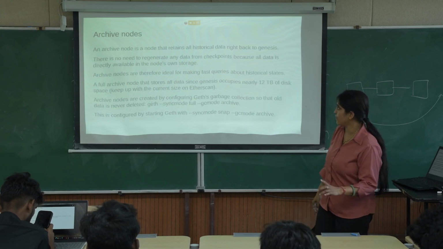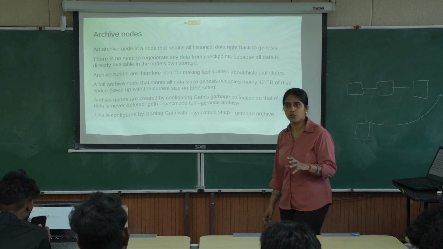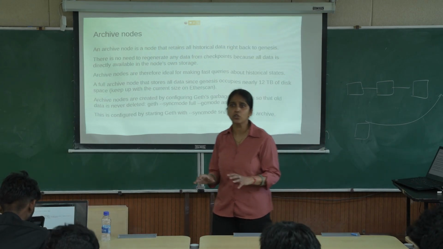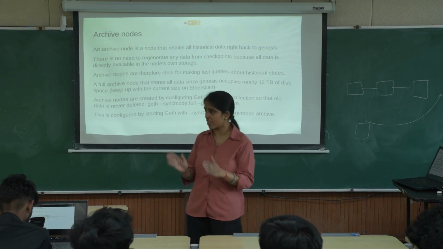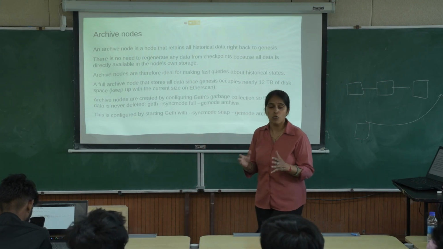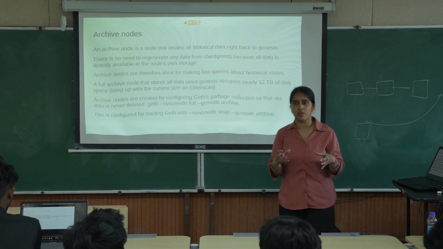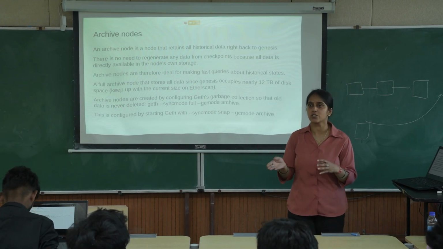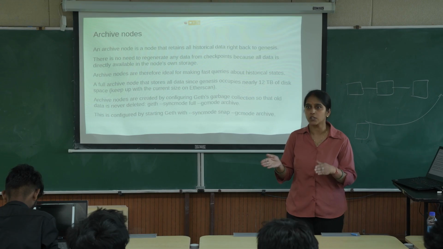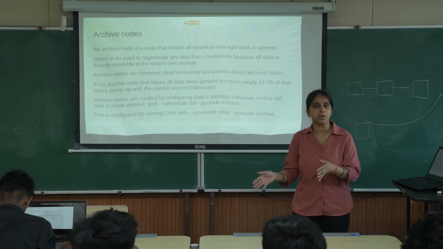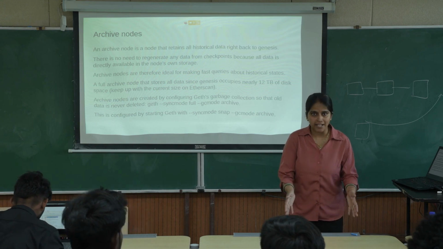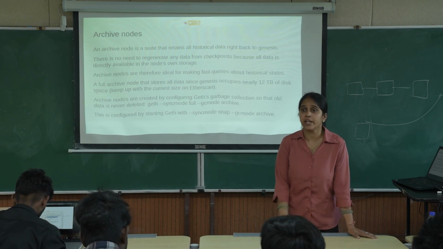Next are the archive nodes. If you say, no, I don't want the checkpoints, I want to know the whole history, when the genesis block was generated, when the forks happened, like when Ethereum shifted from proof of work to proof of stake, when the attacks happened, I need every piece of information.